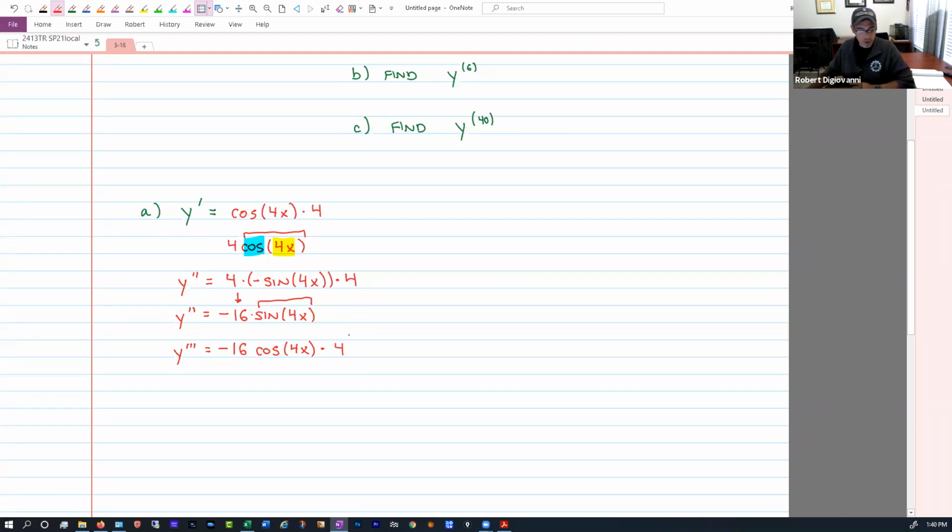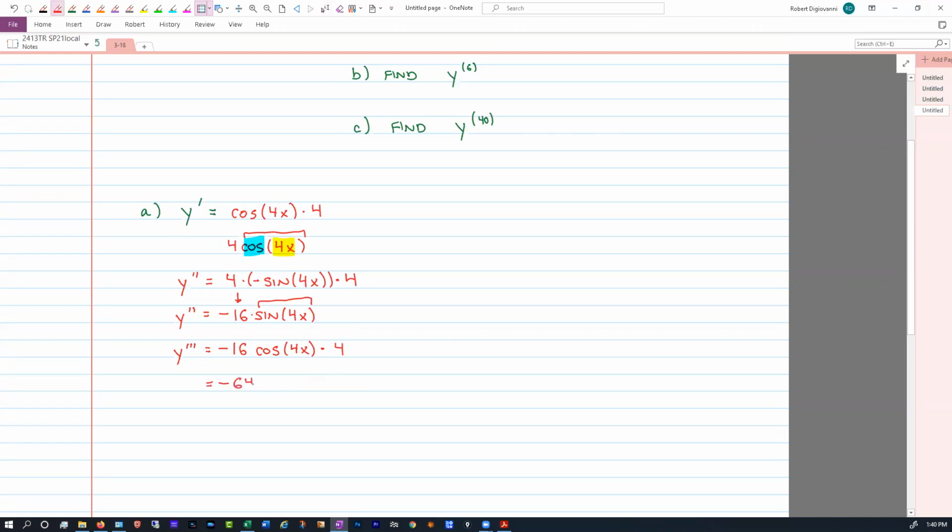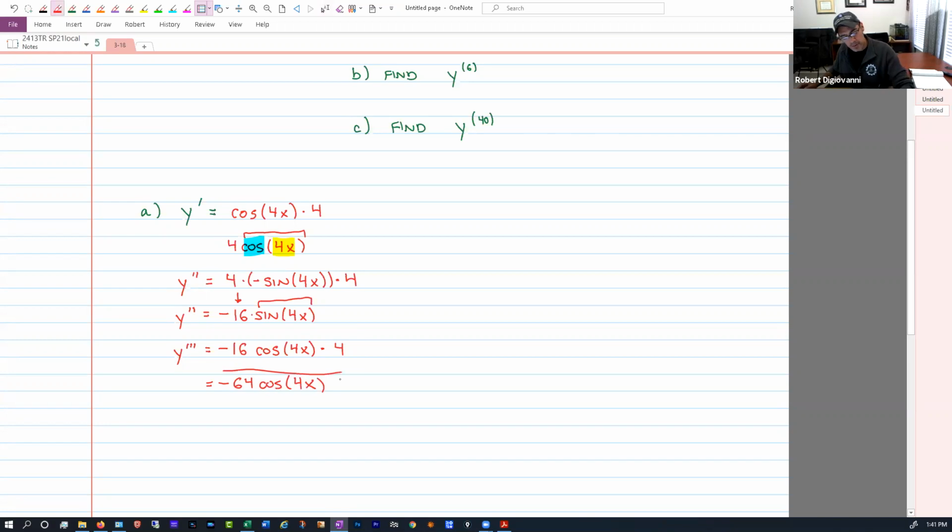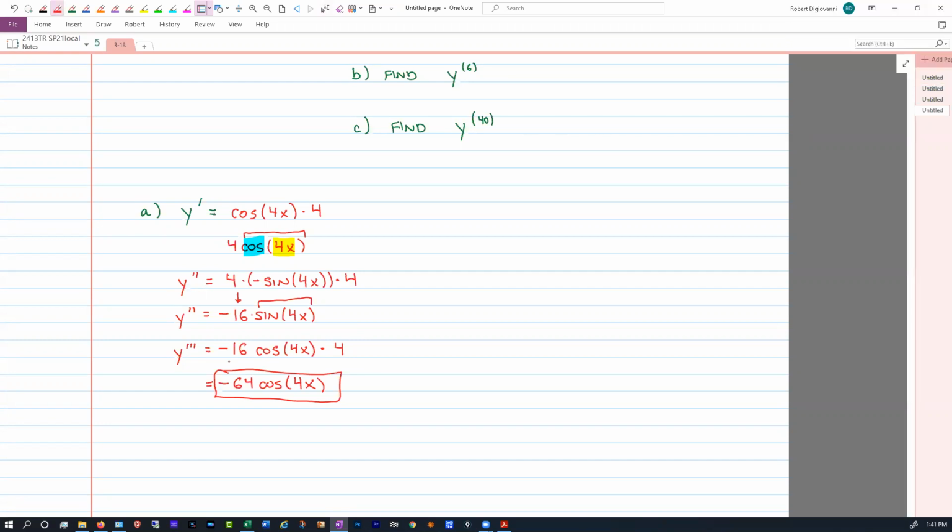And then now we can multiply the 4 times the 16. And what's that, negative 64? Yes. Okay, good. All right, there's our answer. The third derivative of the original function is negative 64 cosine of 4x.